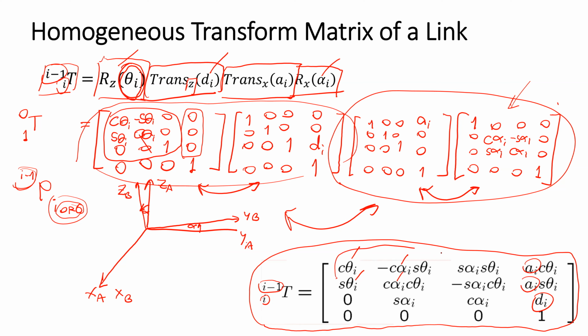You can see that the orientation only depends on the twist and the joint angle. But the position is the effect of the link length, the joint offset, and also the joint angle. And this is the homogeneous transform that relates the neighboring frames.